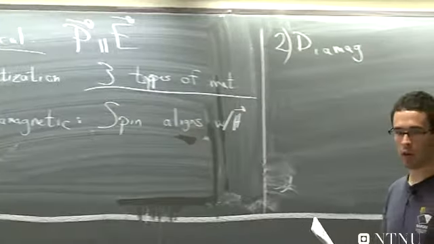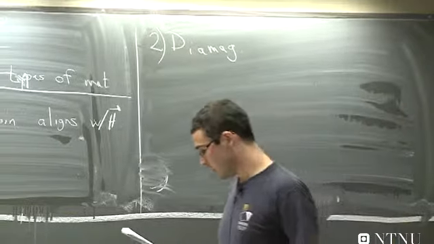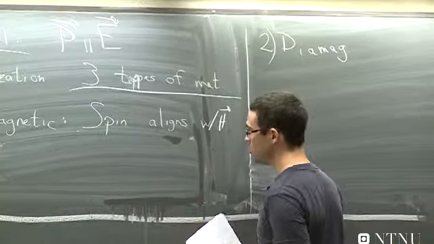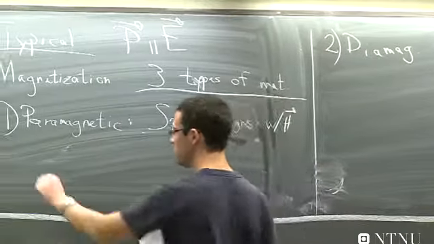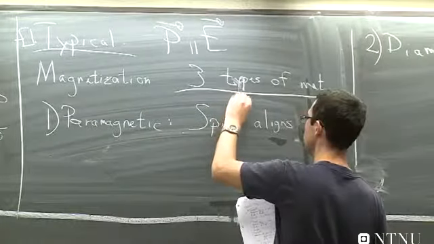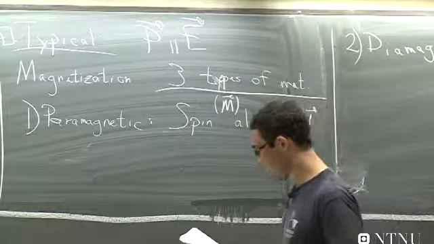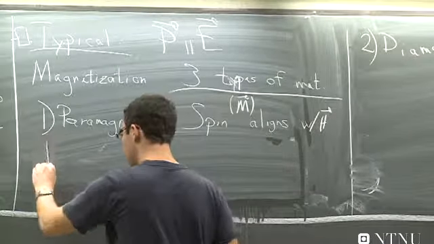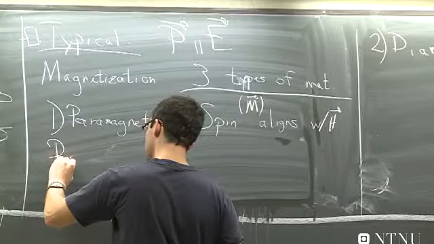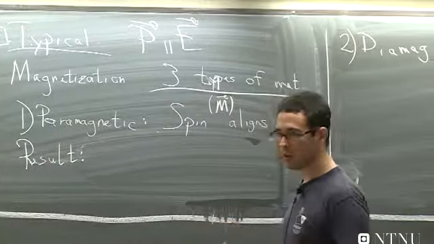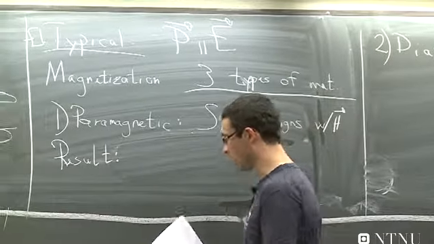So the spin typically aligns along the H field, and that's the magnetization. The result of this is, of course, as they align parallel, then the magnetic field is parallel too.